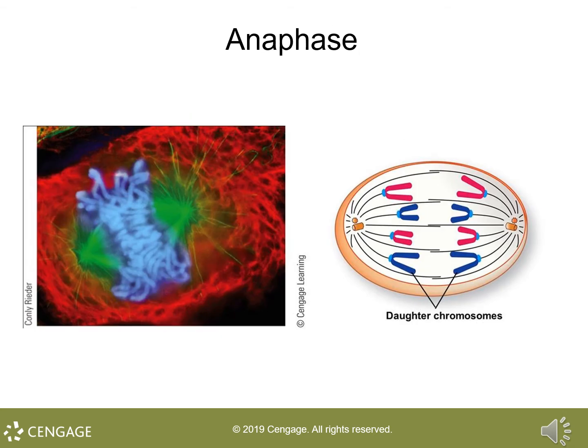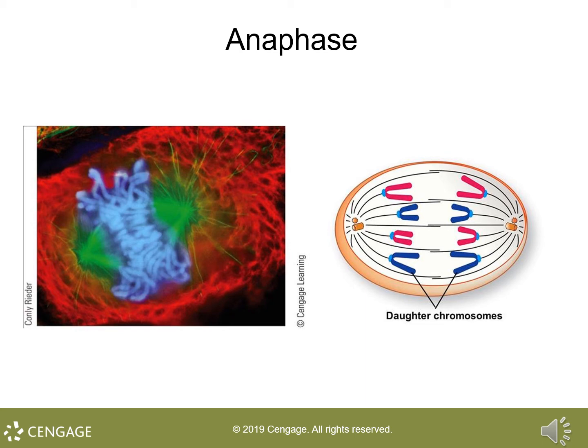So anaphase is our next step, and this begins as sister chromatids separate into separate chromosomes that move towards opposite poles. The kinetochore microtubules shorten at their plus ends and pull chromosomes toward the poles. Anaphase ends when all the chromosomes have reached the poles. Here you can see that our previously paired sister chromatids have now separated and they're each their own chromosome.